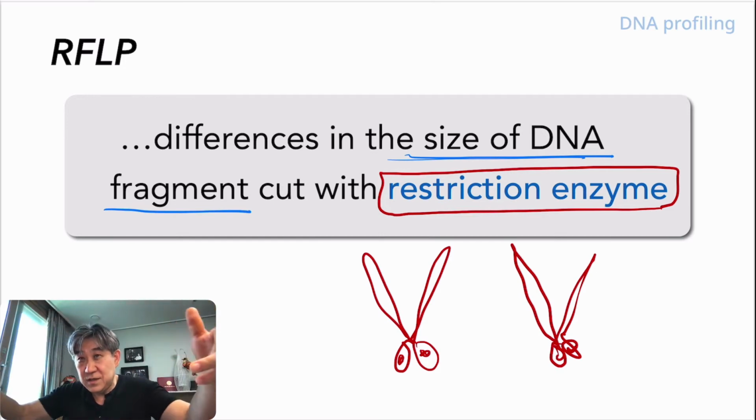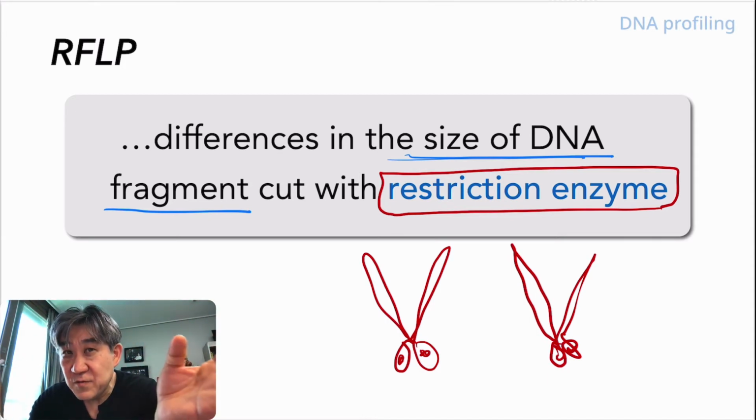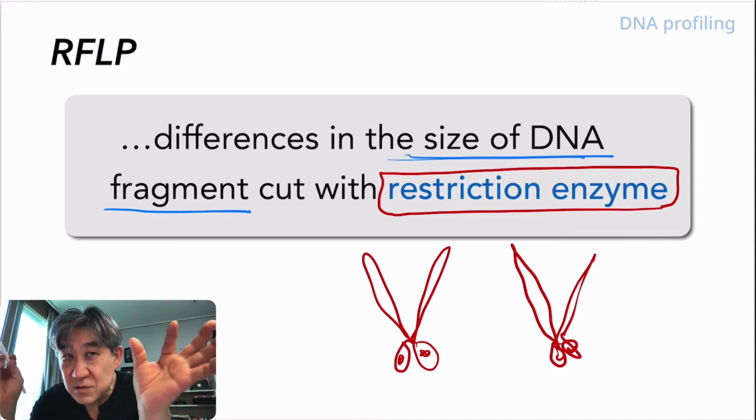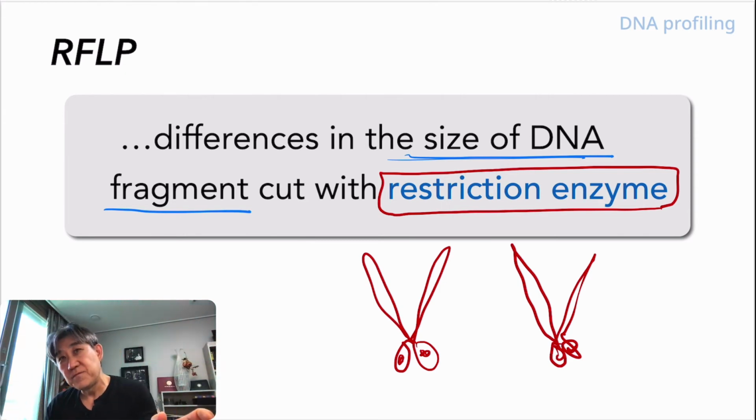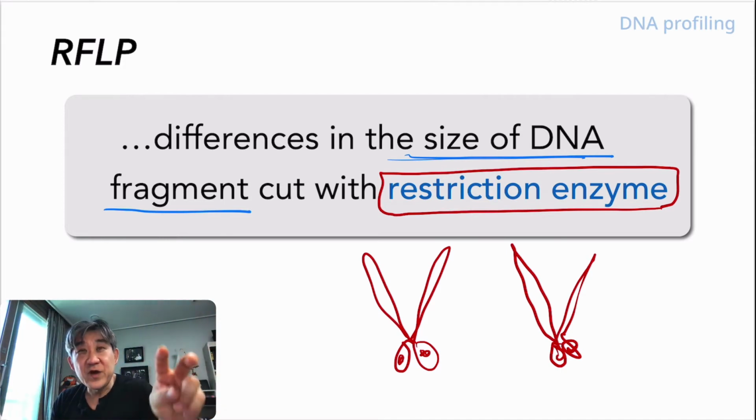So if you cut this DNA fragment, then this particular area will have certain lengths of DNA fragment. But restriction enzymes can only cut a specific region of DNA based upon its DNA sequence. In other words, a given restriction enzyme can cut only if that DNA sequence has some very specific sequence motif.